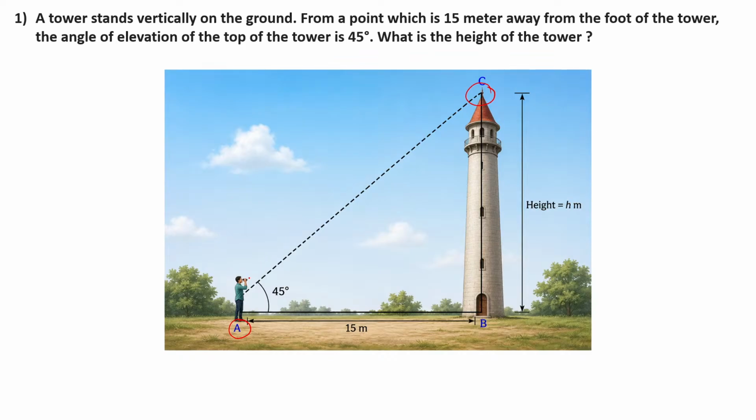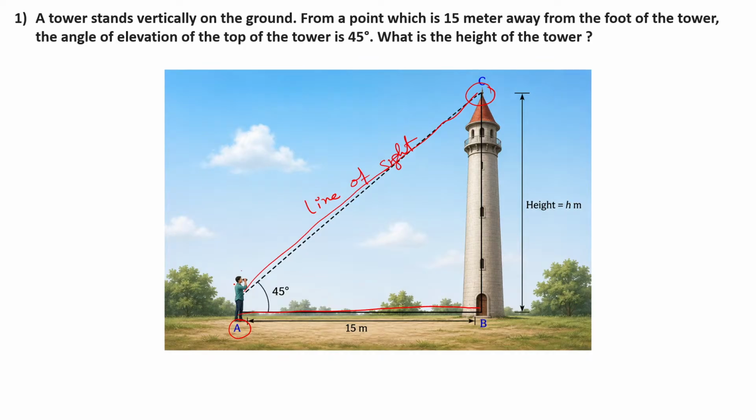Okay. Now, this dotted line which you can see on the screen is called the line of sight. And the ground level which you can see at the bottom is called the horizontal line.